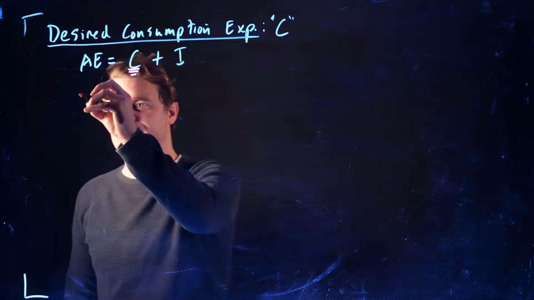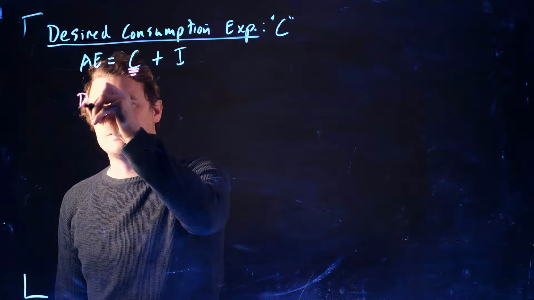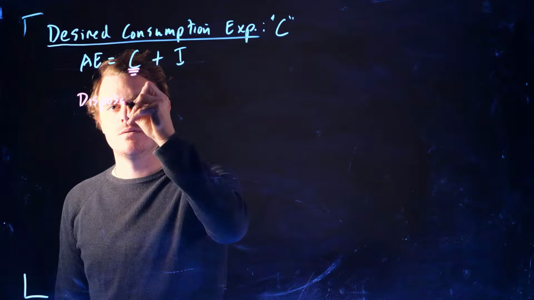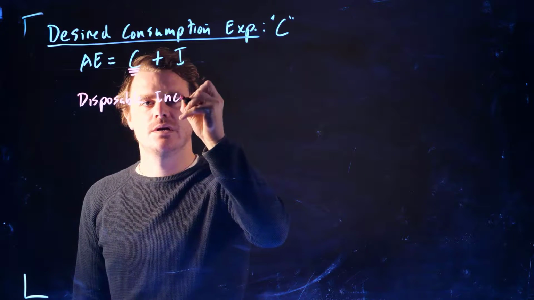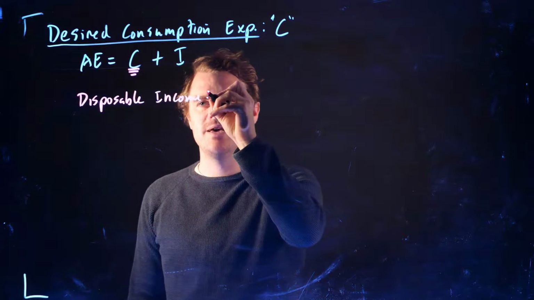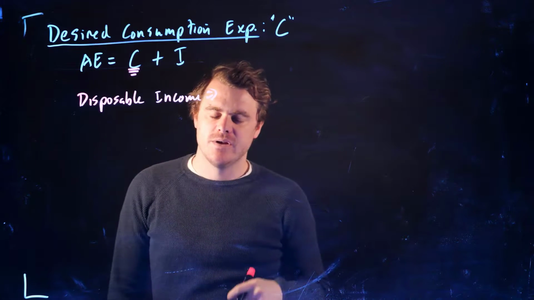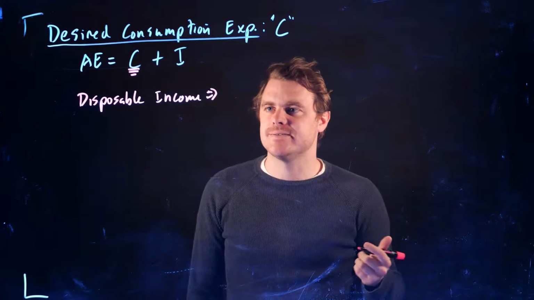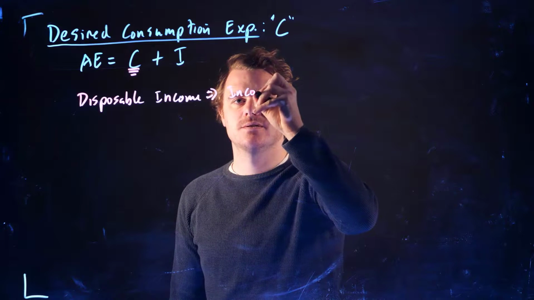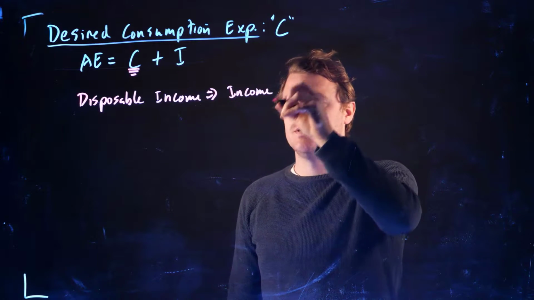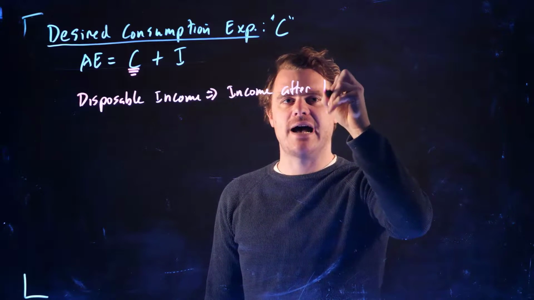So the first thing we should talk about is disposable income. Disposable income is the income you have after taxes. Well, that's what it's going to be in our model: income after taxes.